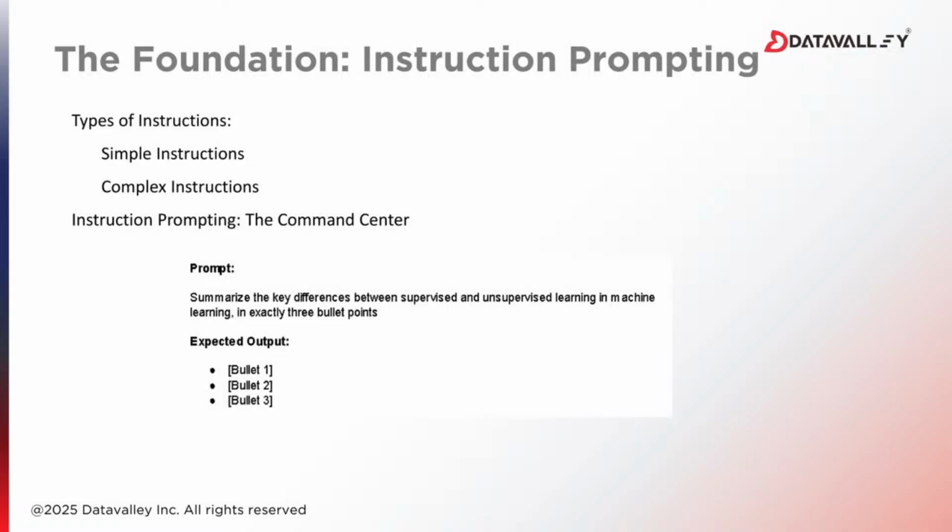And for the expected output, in the prompt only, I am giving this text along with the expected output in bullet points. So these bullet points act as a placeholder, indicating that the actual output will be three distinct bullet points.